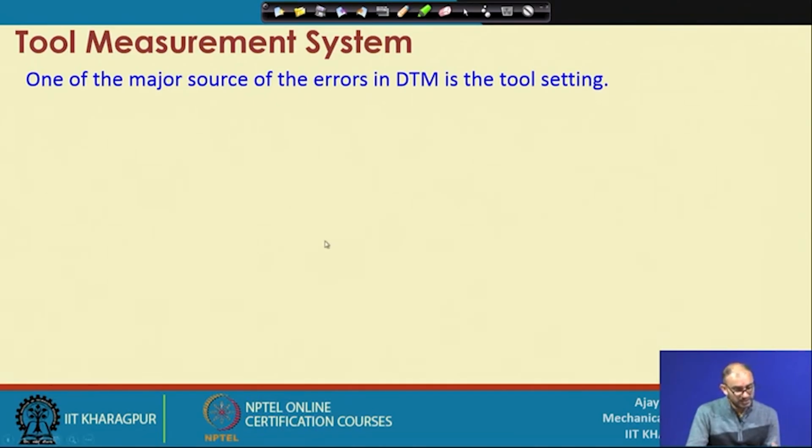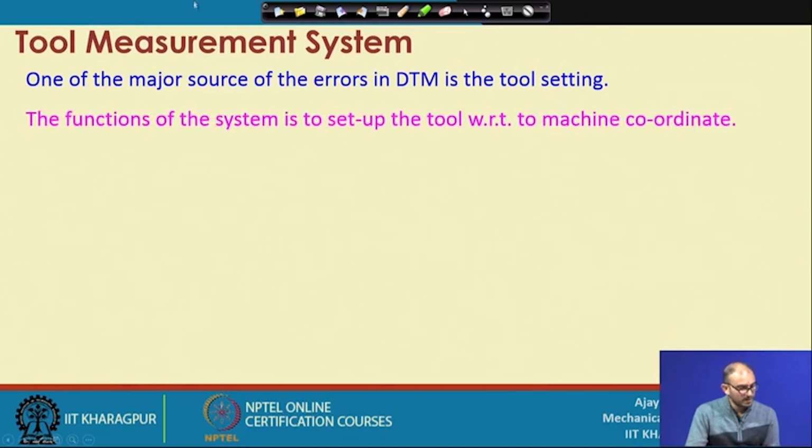So, if you do not set your tool perfectly at x0 and z0, then there are a lot of problems related to the machined surface. The function of the system is to set up the tool with respect to the machine coordinates, because our workpiece is located in the headstock, and you have to find out at which location you are starting the machining.